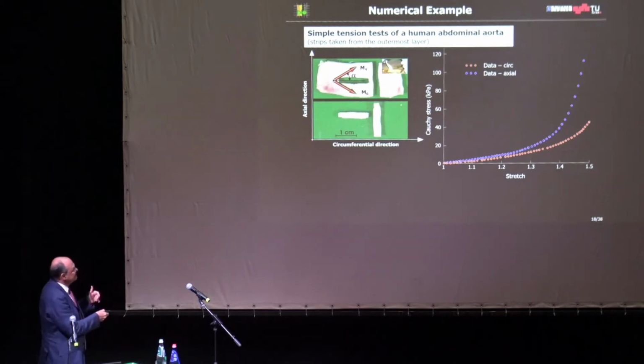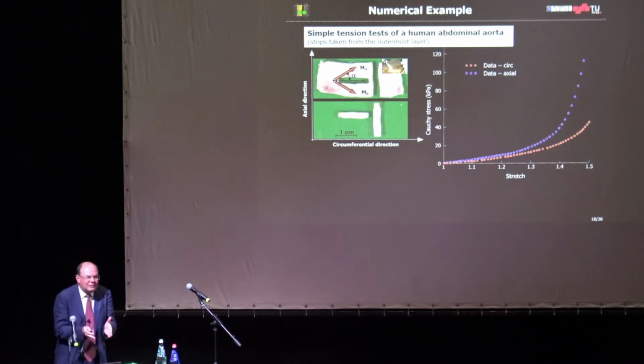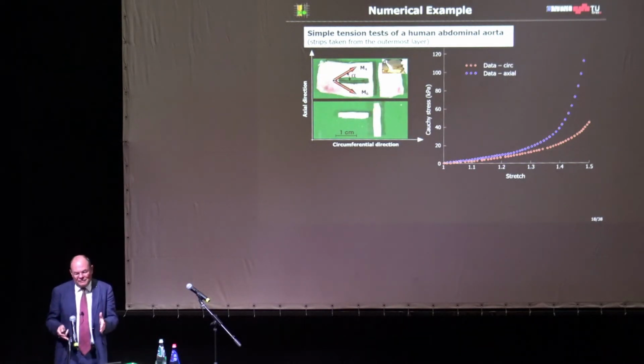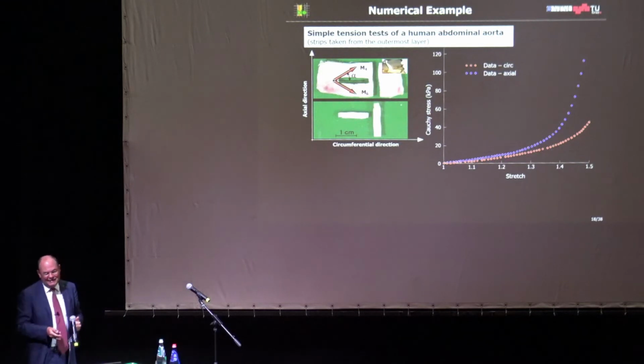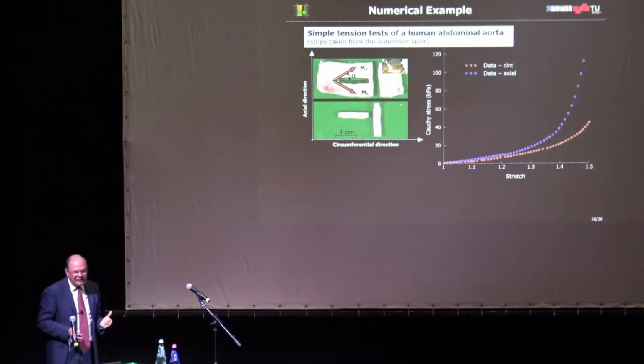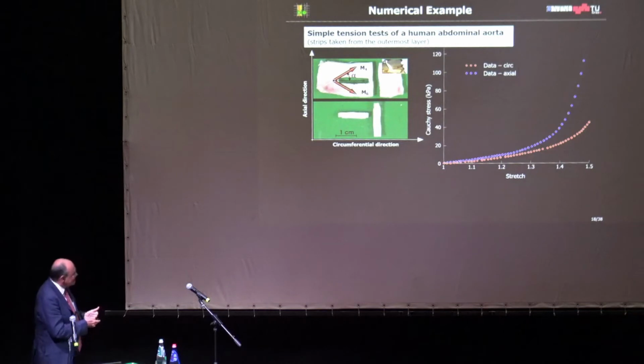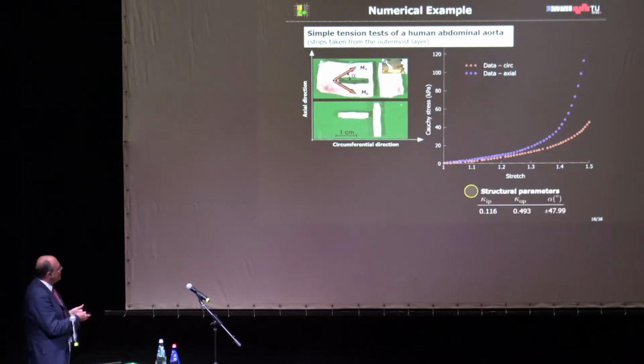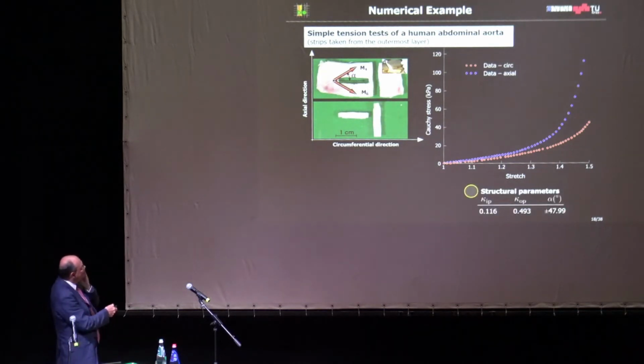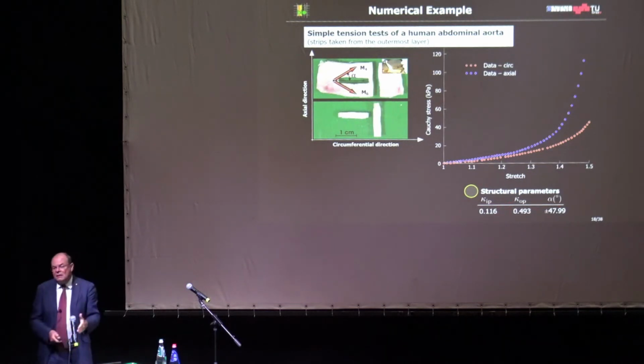And what do you think, why is this much stiffer in the axial direction? Because of the alignment of the collagen fibers. We have more collagen fibers in the axial direction, which I have shown in one of the previous slides. So this is a function of the microstructure. What we have done then is we have analyzed the microstructure, and we were able to extract from the imaging these 3 numbers: the in-plane dispersion, the out-of-plane dispersion, and the mean fiber direction.